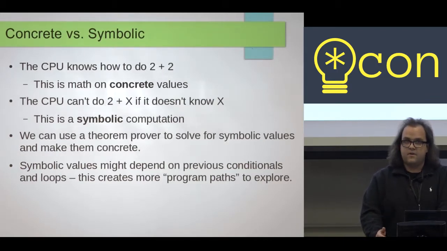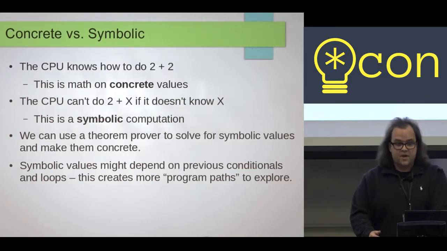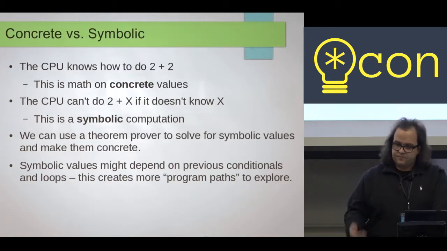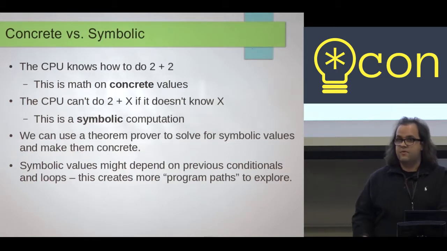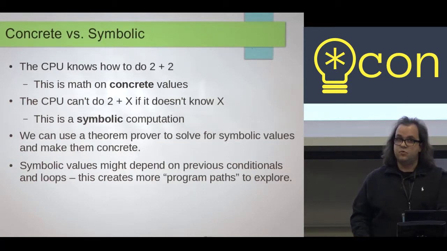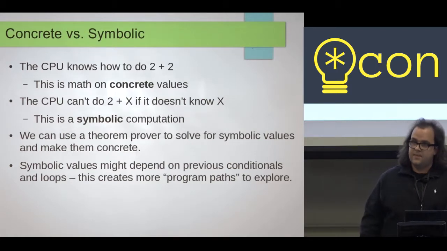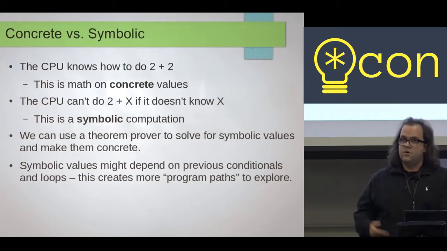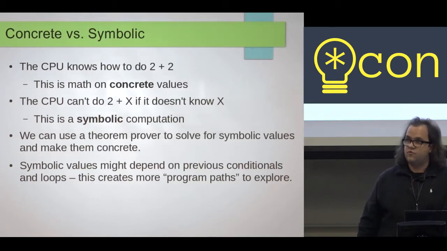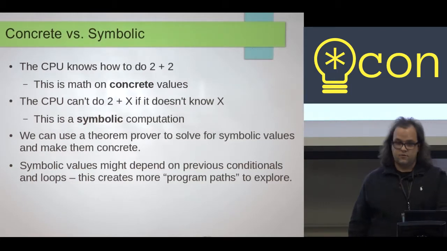These symbolic values might depend on previous conditionals, or on loops, and we want to explore different program paths in the sense that we keep these dependencies as Boolean constraints that say, first I went this way, then I went that way, and given that that happened, can we make this thing true or not? And that's what constraint solvers are really great at.